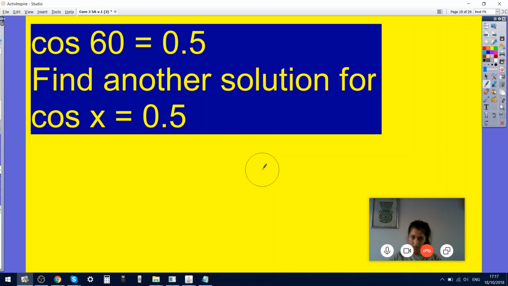Arc. So if you do shift cos for 0.5, the calculator will give you 60. Is there any other angle?